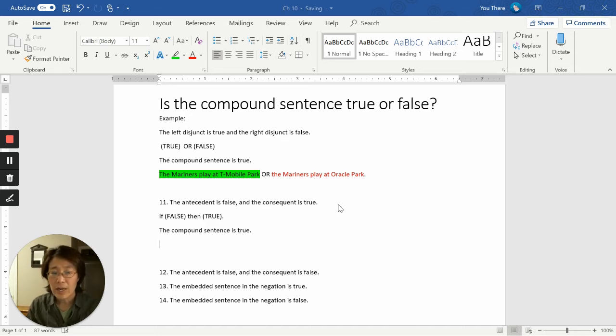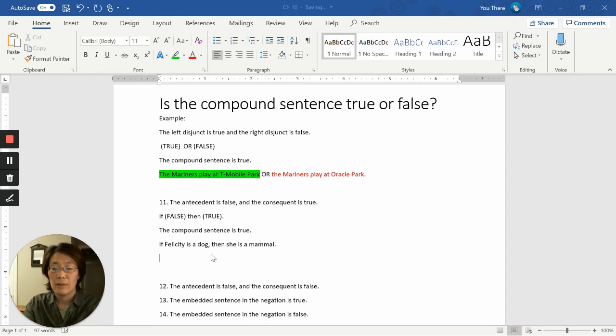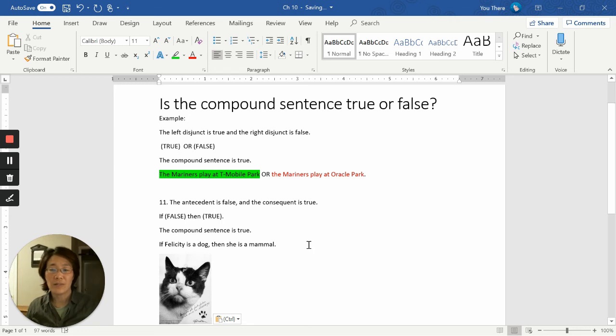This may seem a little counterintuitive, but here's an example that might help you remember this definition. I take this sentence. If Felicity is a dog, then she is a mammal. This intuitively is a true compound sentence, right? But suppose that Felicity is actually a cat.